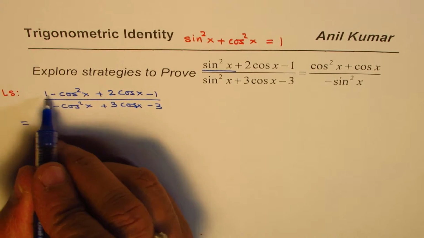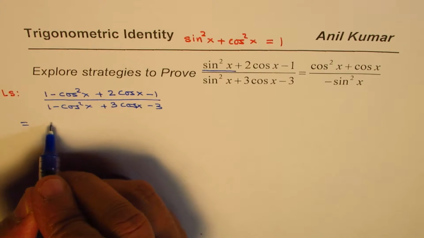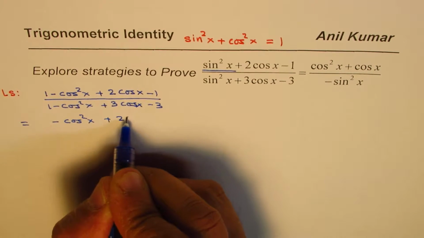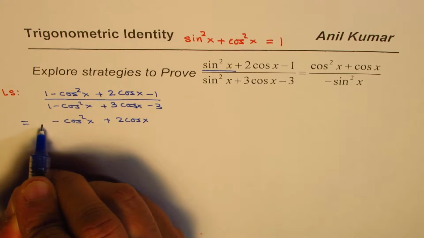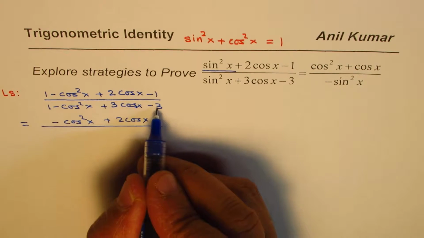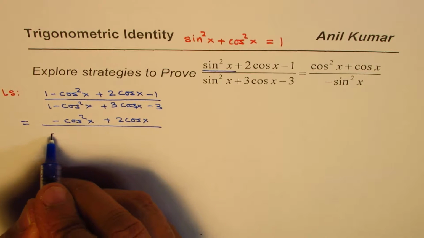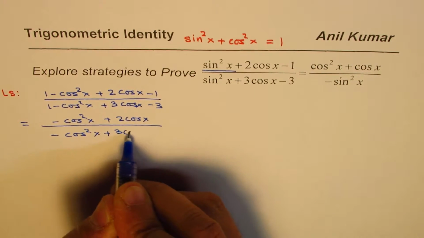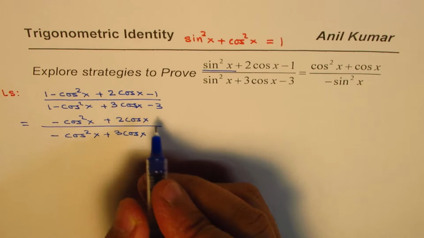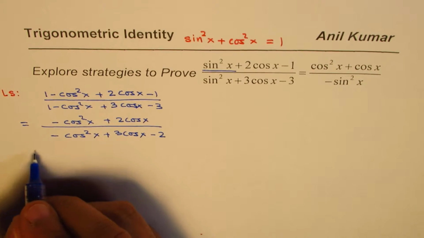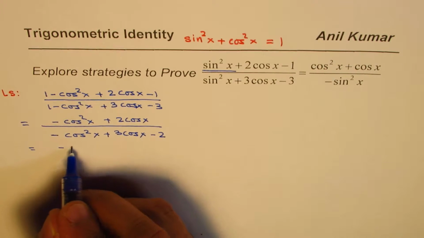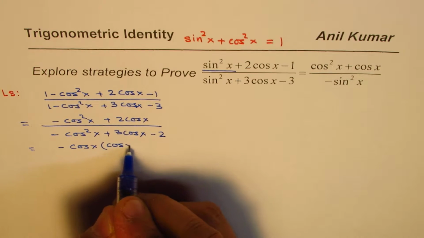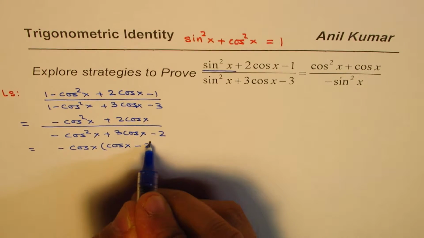Now 1 minus 1 is 0, so we are left with minus cos²x plus 2 cos x in the numerator. In the denominator, we can combine 1 and minus 3, so we have minus cos²x plus 3 cos x, and 1 minus 3 is minus 2. So let's take minus cos x common in the numerator, so we get cos x minus 2.